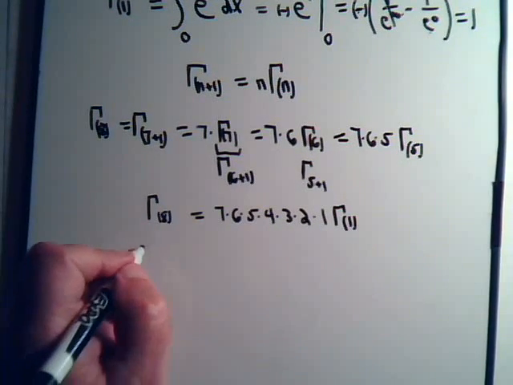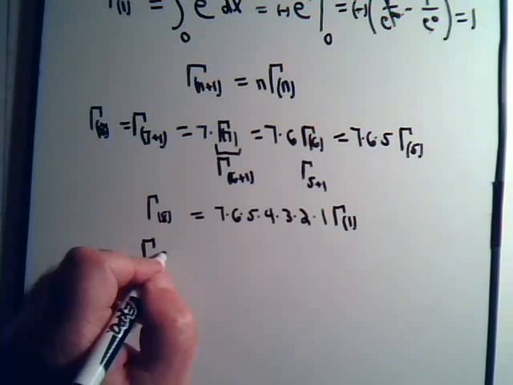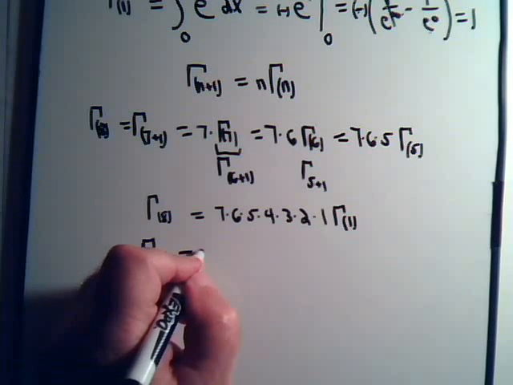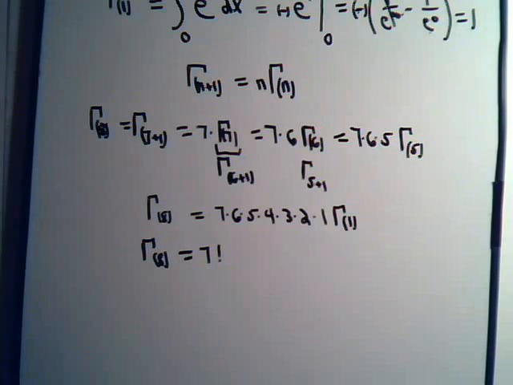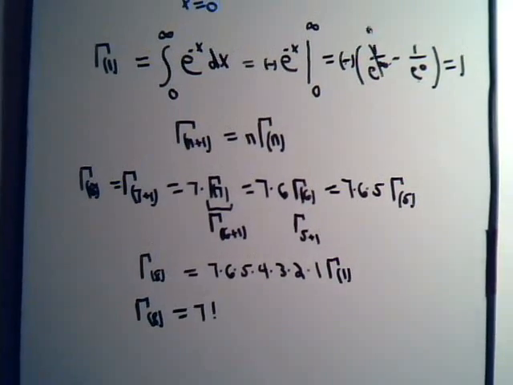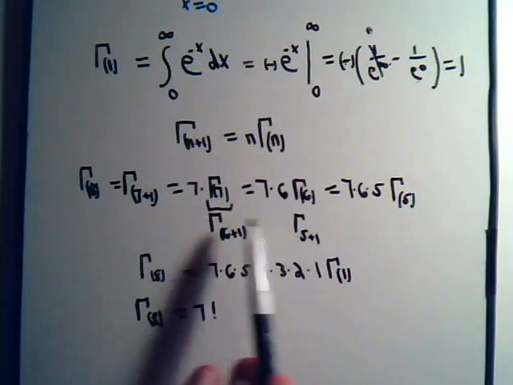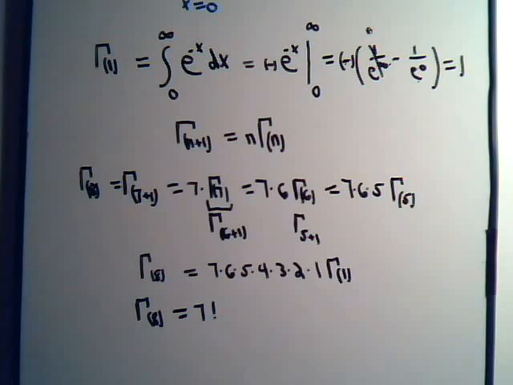So we get that the gamma function of 8 equals 7 factorial. And again, that was derived simply by using this equation repeatedly throughout the process here.